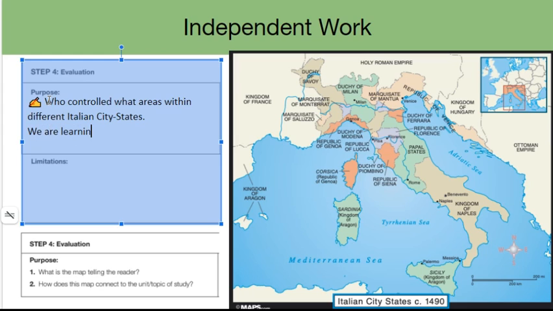We are learning about economic interests. So this demonstrates territory, demonstrates who had power where.